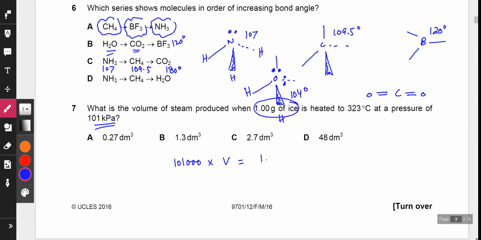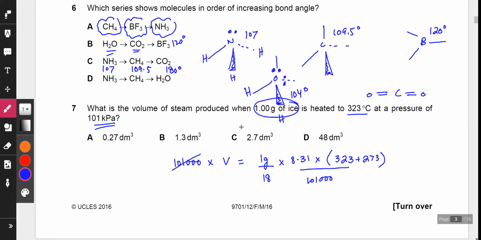That's mass divided by Mr. Ice is 18. R is 8.31. And the temperature is given, 323 centigrade. It should be in Kelvins, so add 273 to it. And you can find the volume. So divide this whole thing by 101,000.